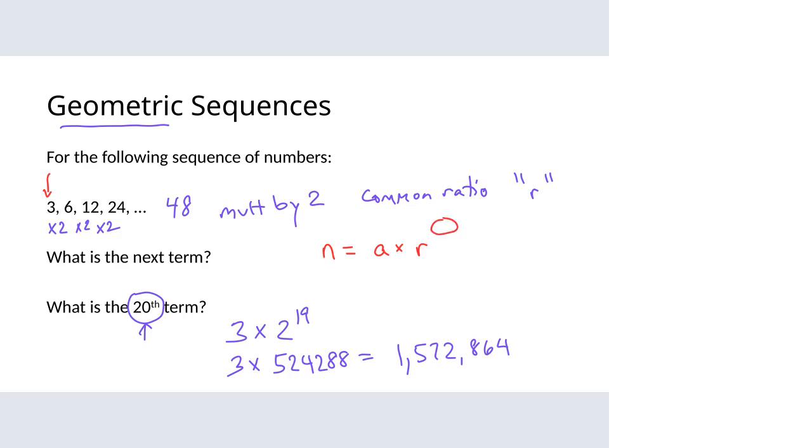I'm going to have an exponent up here. That's the number of times I need to multiply by the common ratio. What's that exponent going to be? If I'm looking for the nth term, how many times do I need to multiply by that common ratio? Excellent, Courtney. Very good. That's fantastic. Nice work.